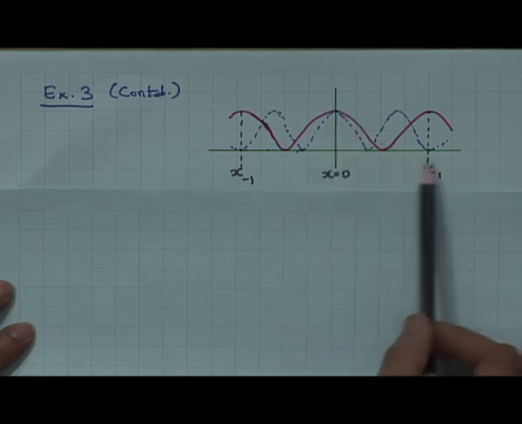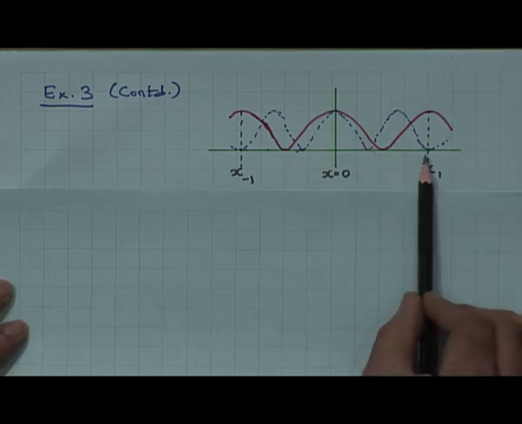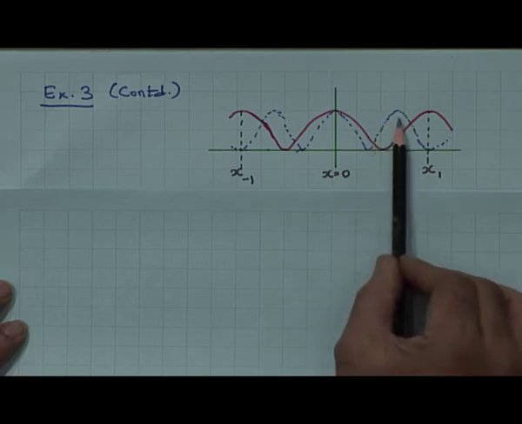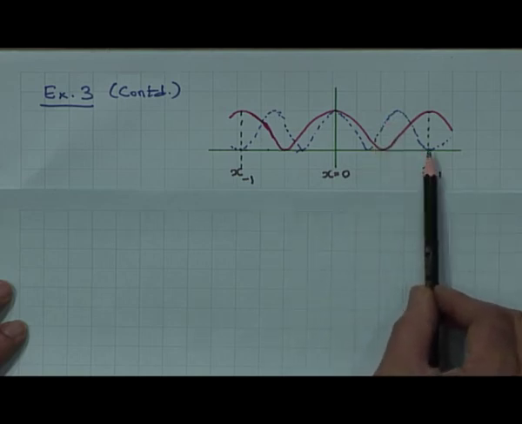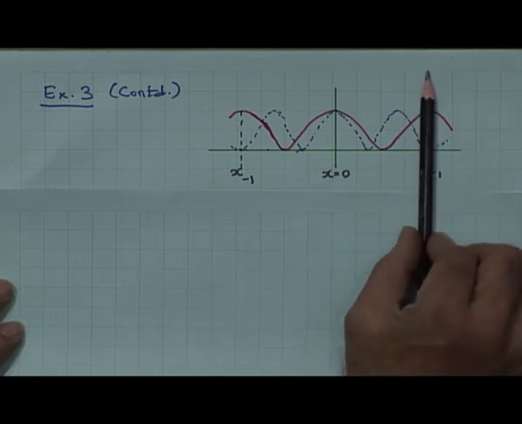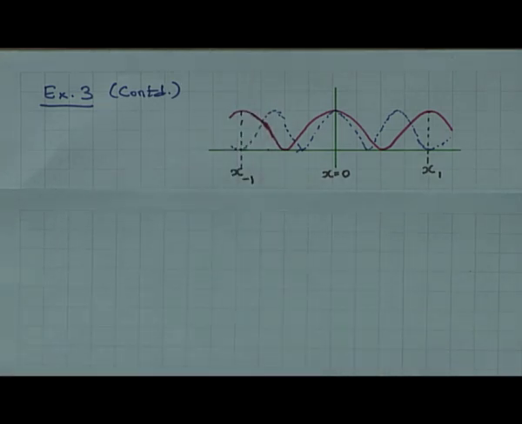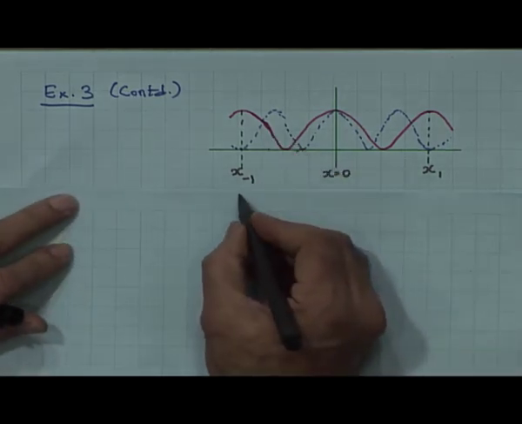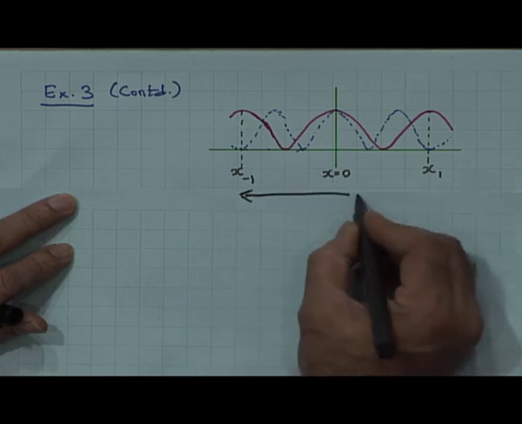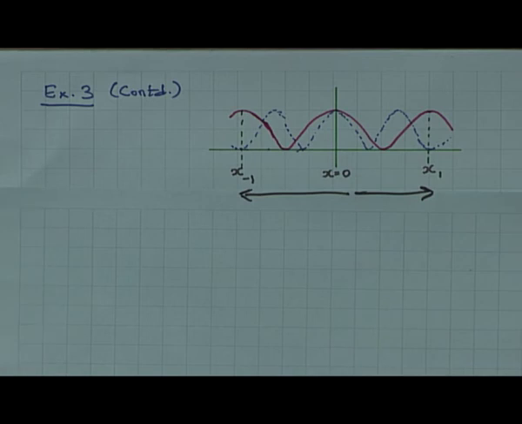Whereas, because lambda red is 1.5 times lambda blue, blue will satisfy the condition for minima, but the red will satisfy the condition for maxima. So, we will see a bright red fringe here and a bright red fringe here, and the question is to determine the separation between these two. We are asked to find this separation S.